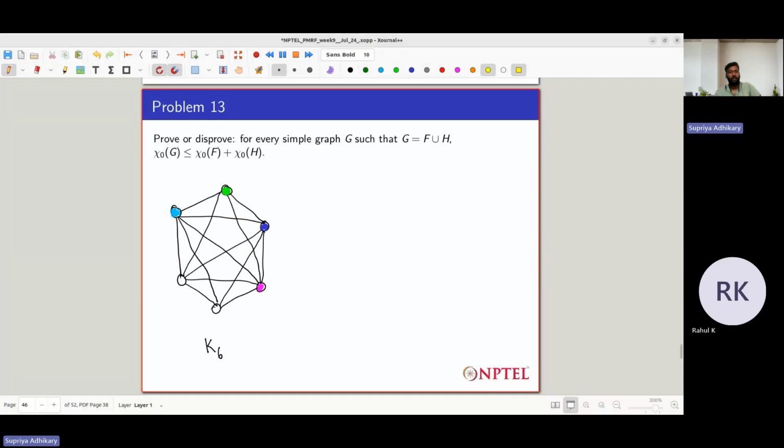And this is true for every one of these vertices. And therefore, the chromatic number of K6 is equal to 6.